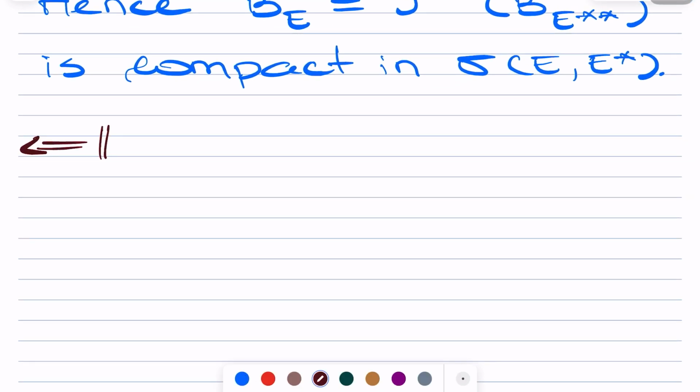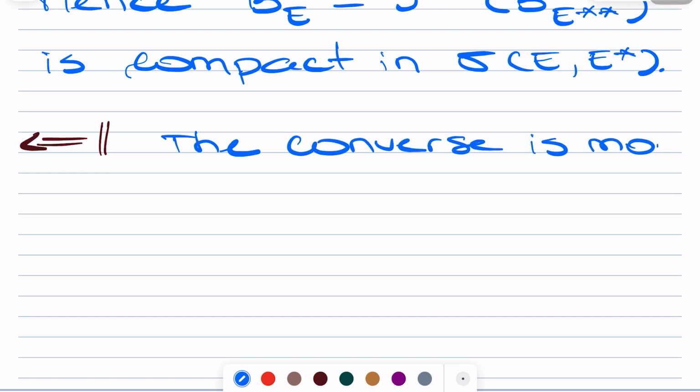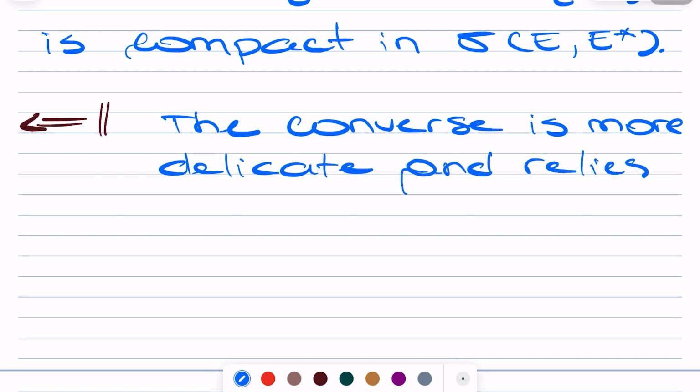So the converse is actually more delicate, and relies on the following theorem.